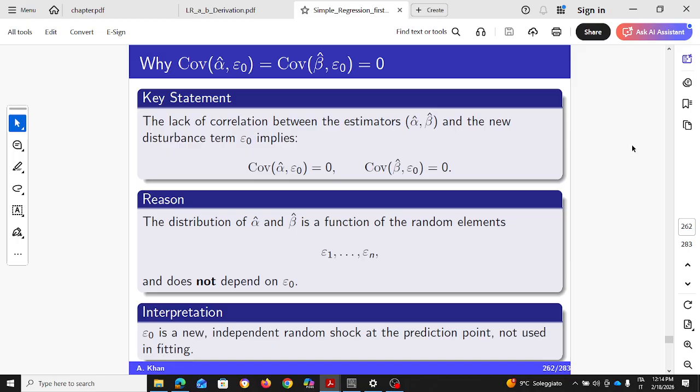And we know that the covariance between the estimator and the error term is always 0, whether it's alpha or beta. The disturbance term coming naturally from outside has no effect on the intercept and the slope, and has no correlation with them.